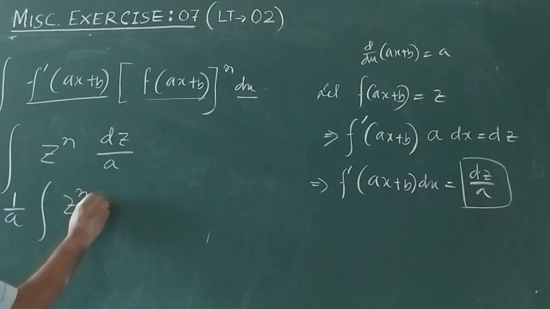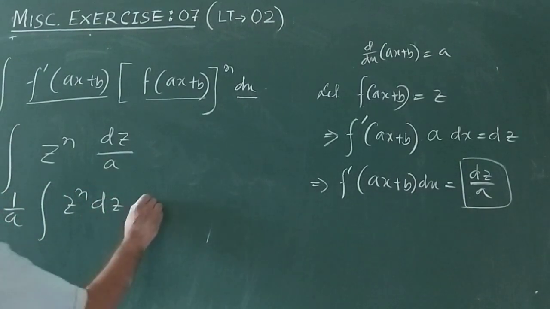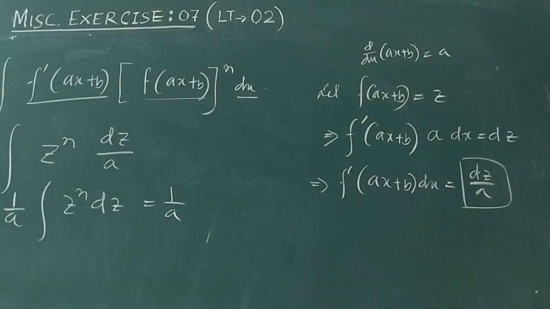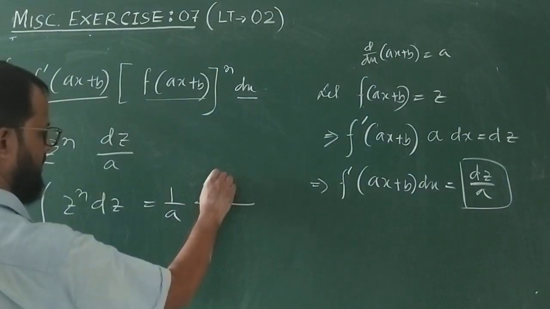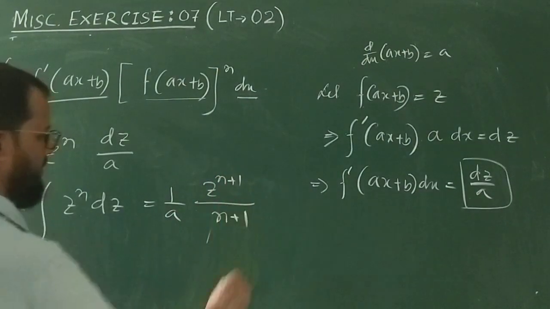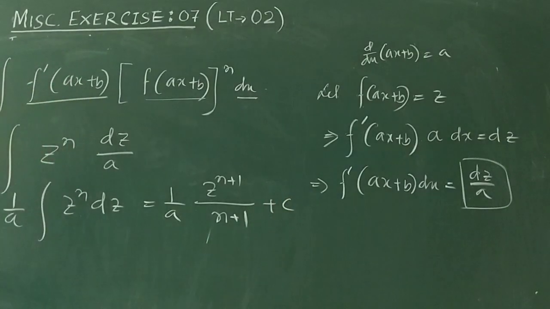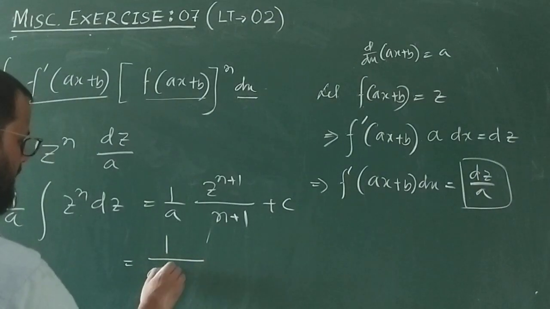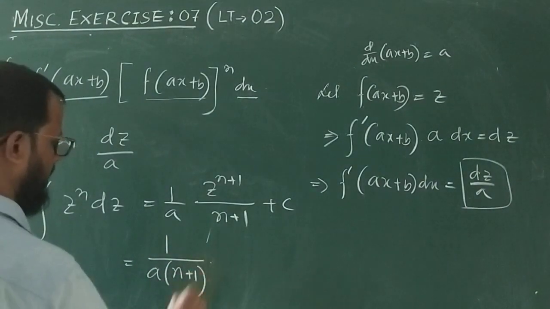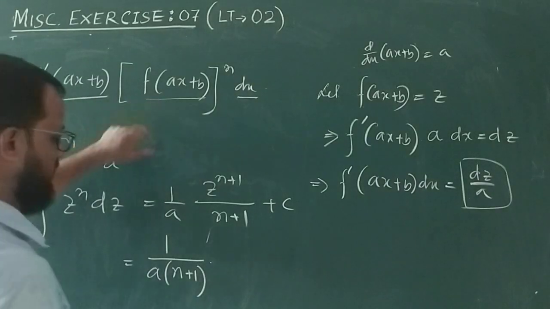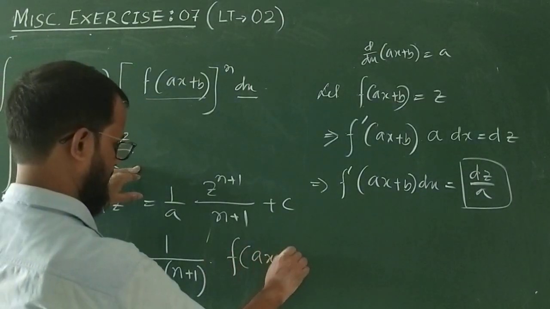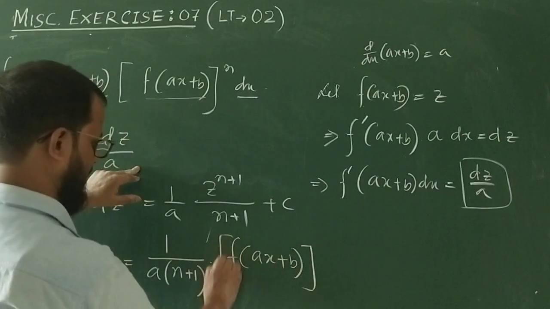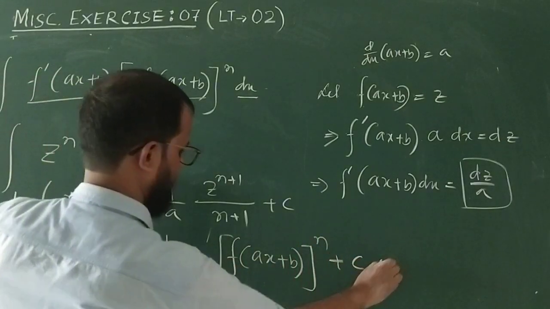It will be 1 by a, integral of z to the power n dz, and you know what the integral of z to the power n dz is, very simple: z to the power n plus 1 by n plus 1, okay, and then finally add the constant, okay, and now replace z. So it will be 1 by a into n plus 1, and what is z? z is taken as f of ax plus b, whole to the power n plus 1, plus c. So this is the final answer.